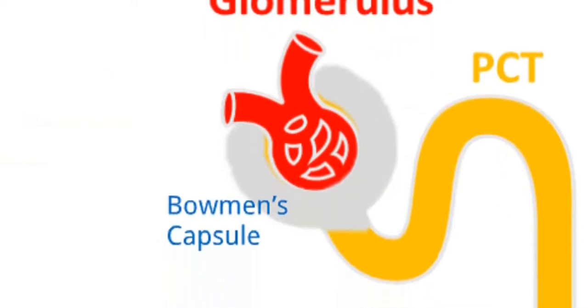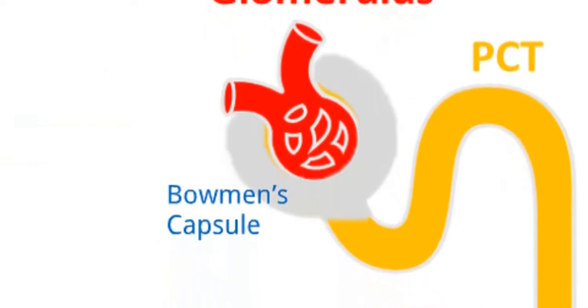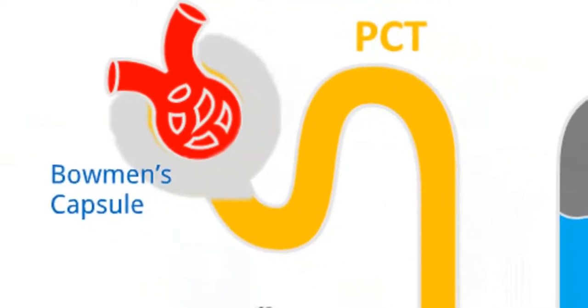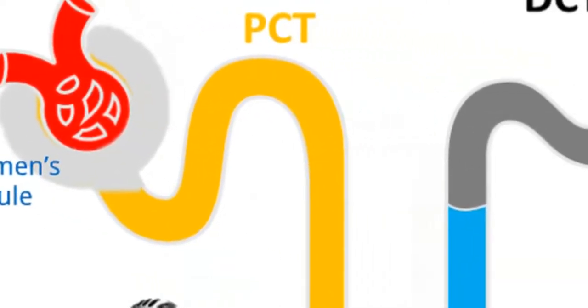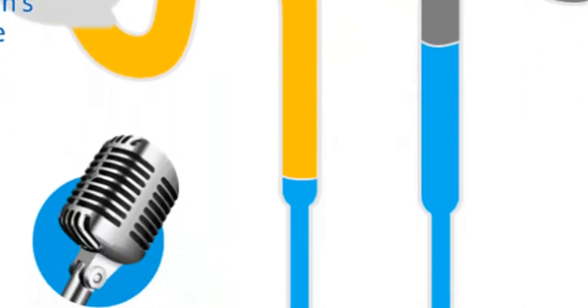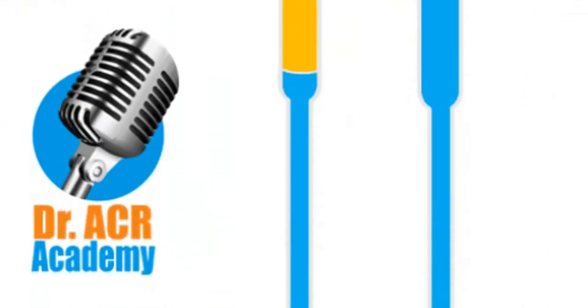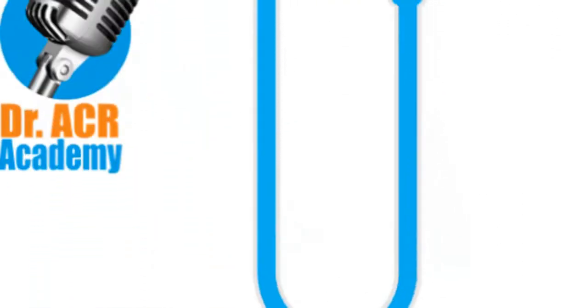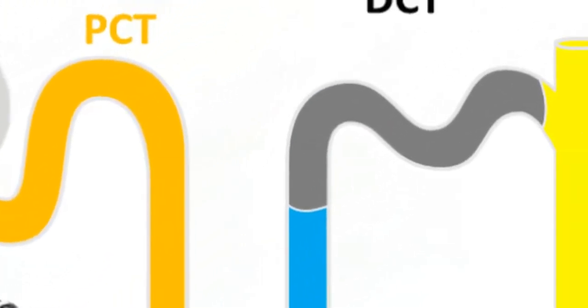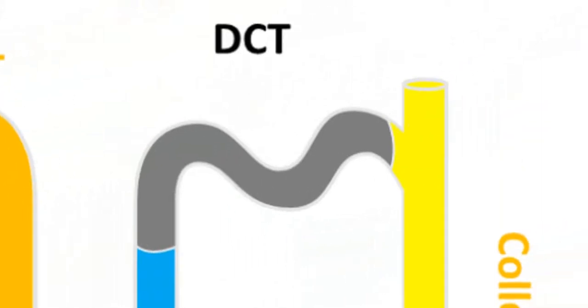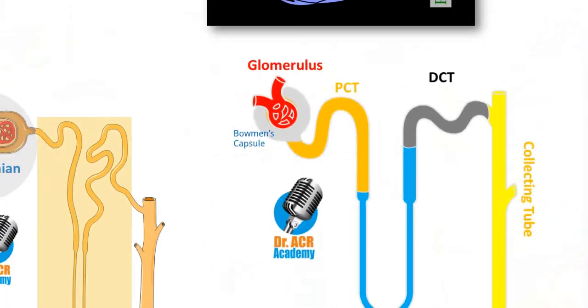Later this Bowman's capsule is followed by the renal tubule, and this renal tubule starts with a proximal convoluted tubule and later the loop of Henle, which is continued as the distal convoluted tubule, and later that enters into the collecting tube.